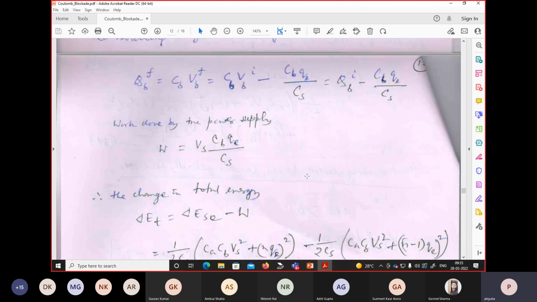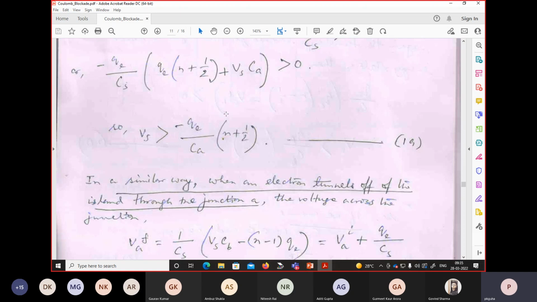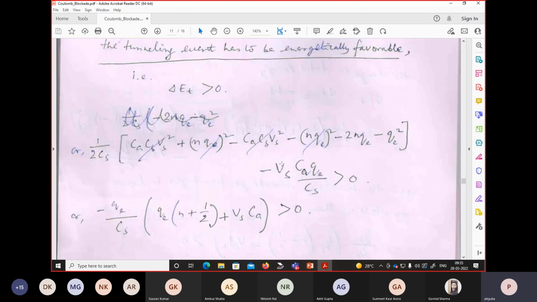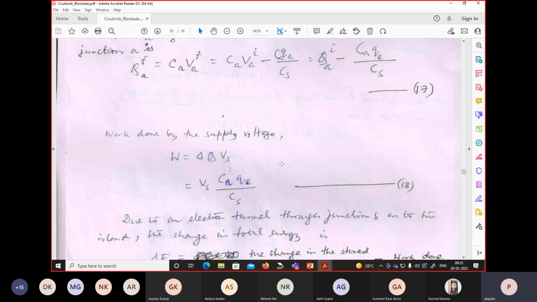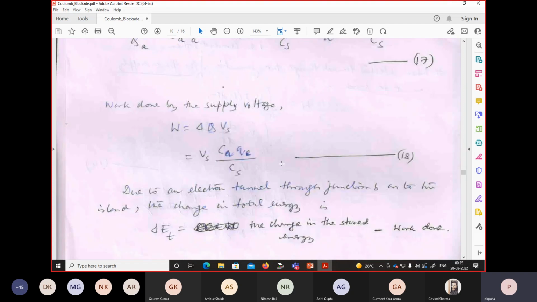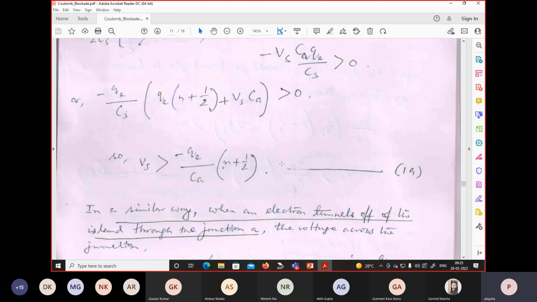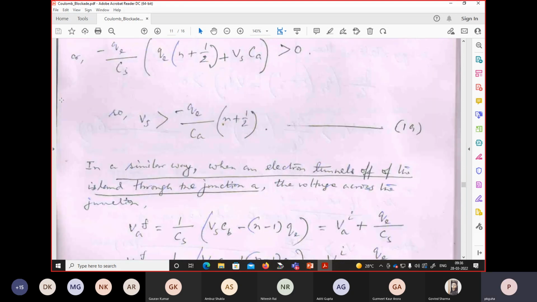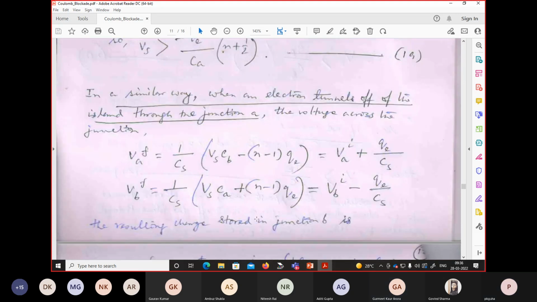Gurmeet, apart from these two equations, 18 and 19, did you carry on calculating the other parts?